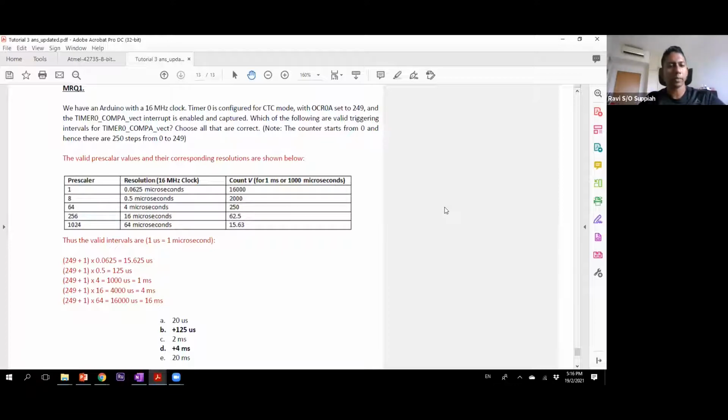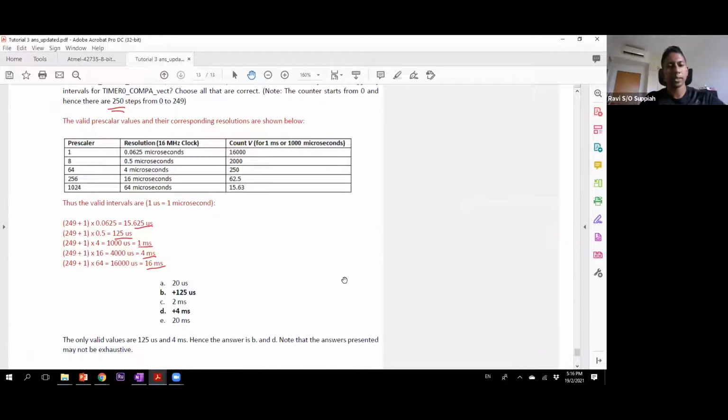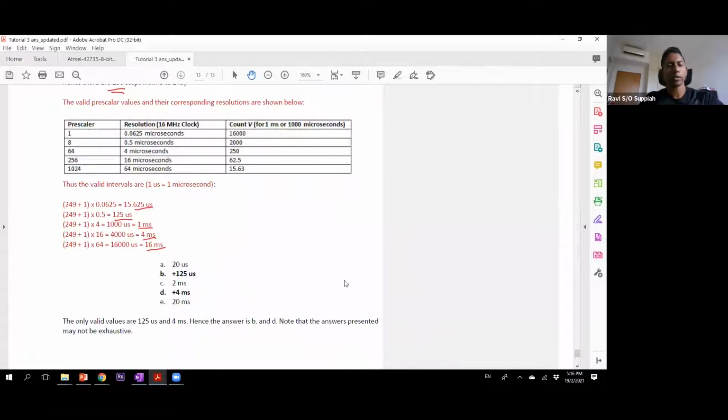For each prescaler value, if I count from 0 to 249, that is 250 counts, with the resolution I get after the prescaler, what are the possible intervals I can trigger? The possible intervals are 1, 2, 5, and 4. This calculation is similar to what we saw before. So the two possible answers here are B and D.